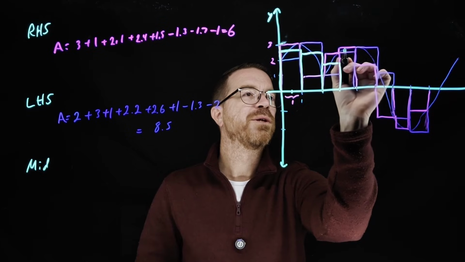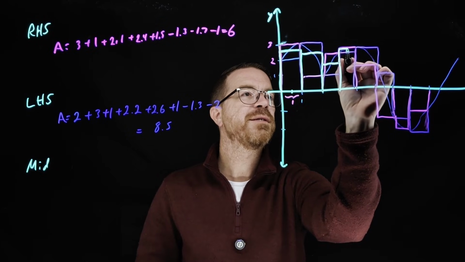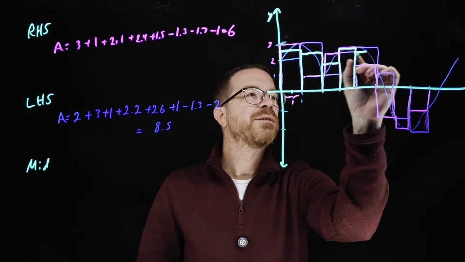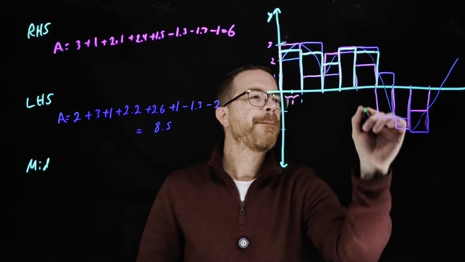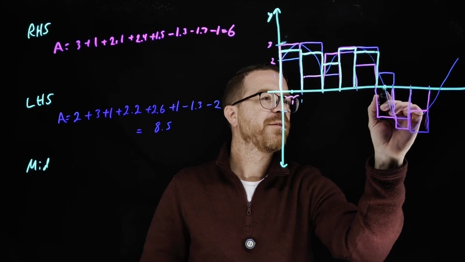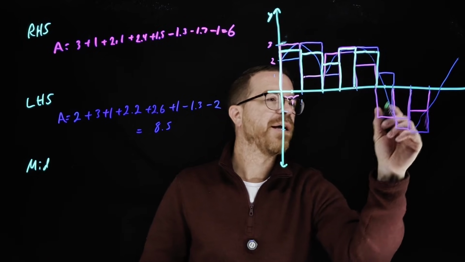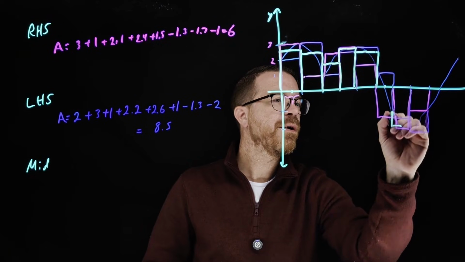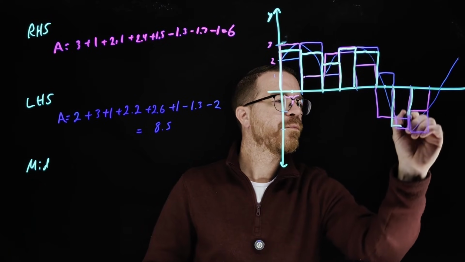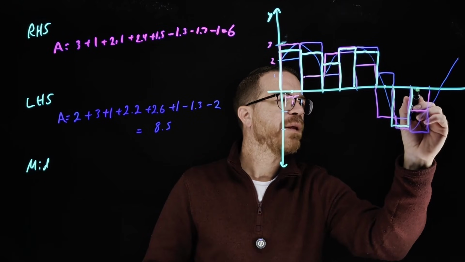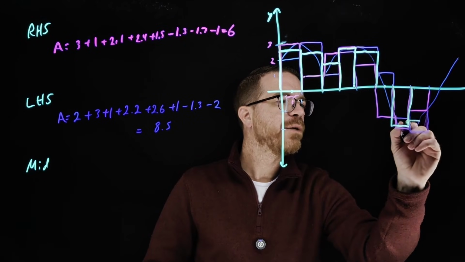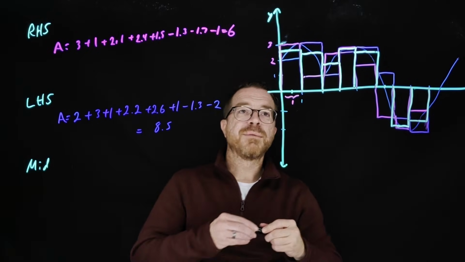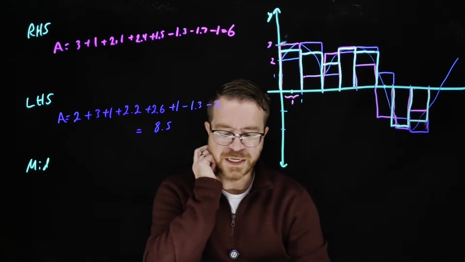For my fourth, I'm going to get a rectangle like this. For my fifth, it looks like it's actually right on the line, so that actually works out pretty well. For this one, I'm going to get a rectangle to here. And then for my last subinterval, I'm going to get a rectangle like this. So you can see that by taking the midpoint, I'm going to get different rectangles than the other ones that I did.